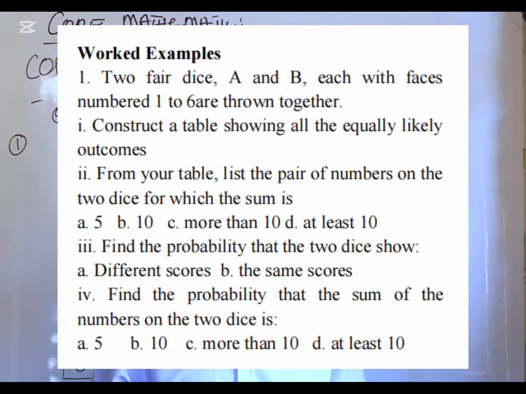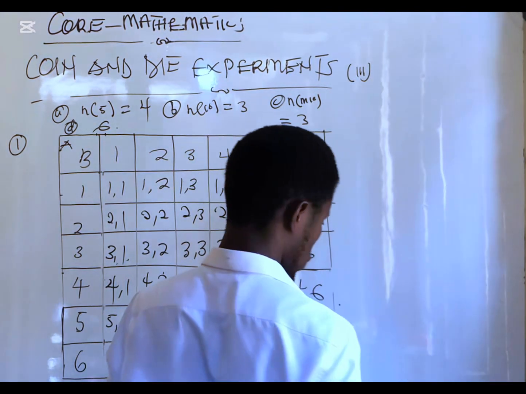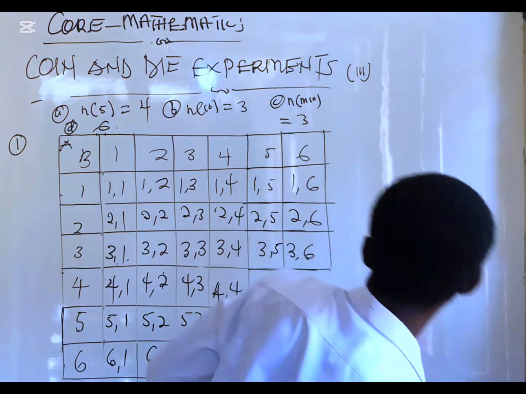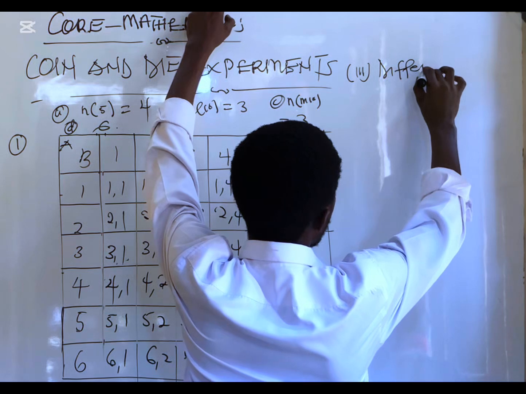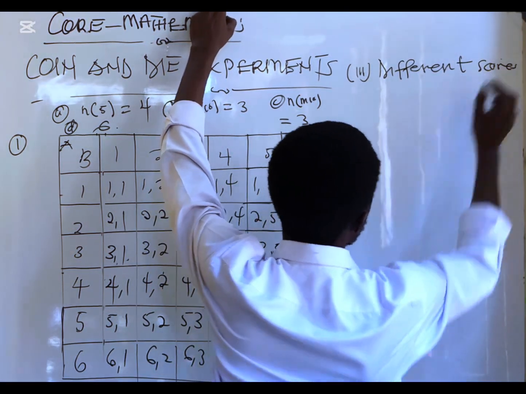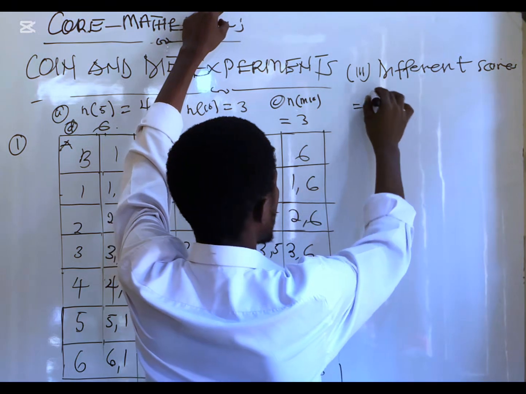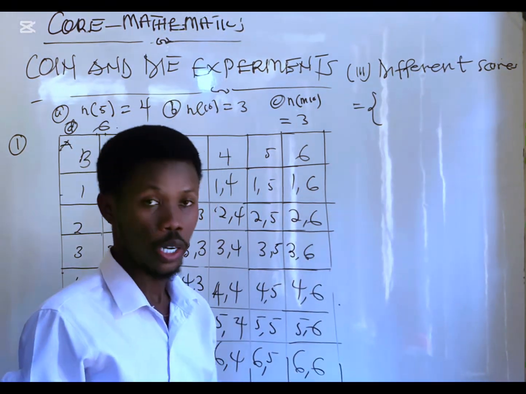The I said, find the probability that the two dice show different scores. So we have to find that it showed different scores. We want to get the probability that it showed the different scores, right?